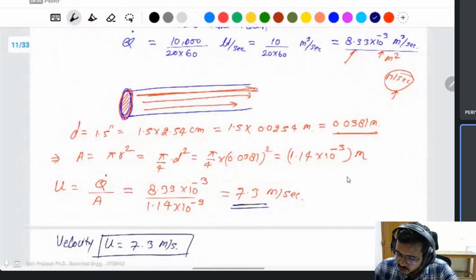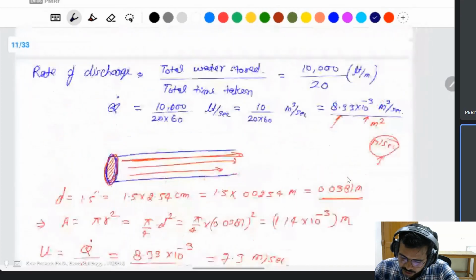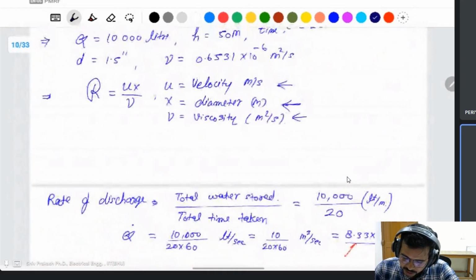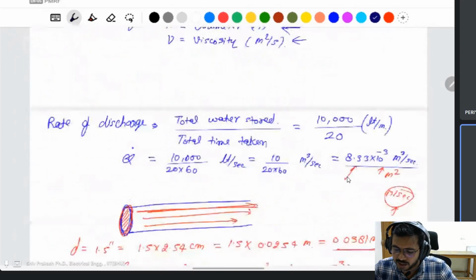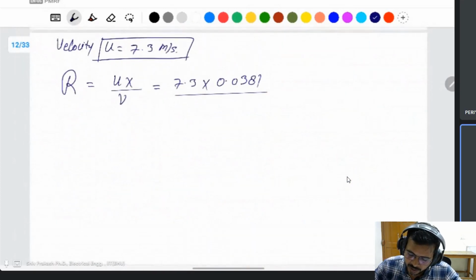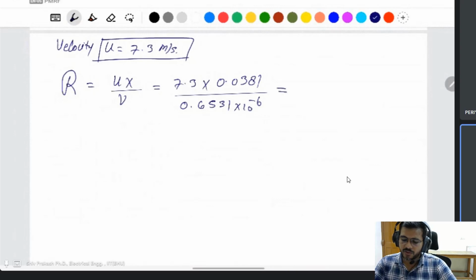Diameter in meter is 0.0381 meter, divided by viscosity. The viscosity is also given in the question: 0.6531 into 10 to the power minus 6. Calculate this one, you can find the Reynolds number.